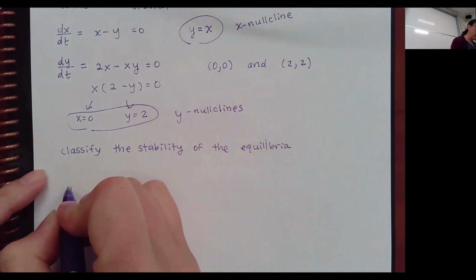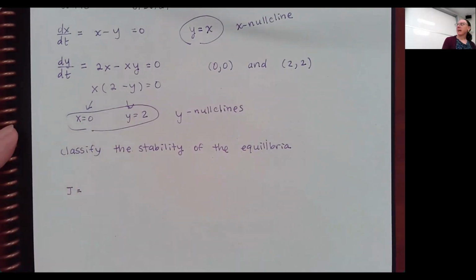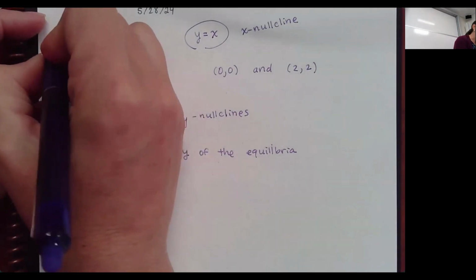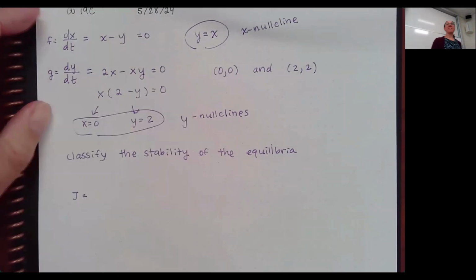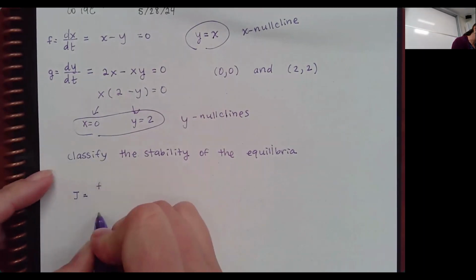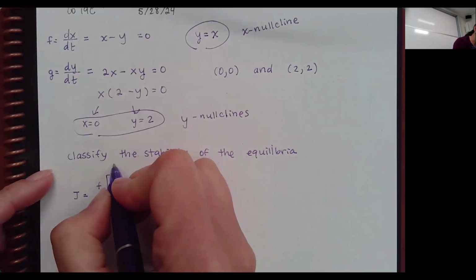For the Jacobian, I like to think about this as calling my first equation f and my second equation g, mostly because I'm trying to avoid subscripts. Our textbook puts subscripts on that and calls it f1, f2. So my Jacobian matrix comes from doing a bunch of partial derivatives.